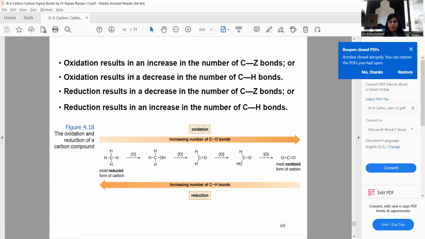These heteroatoms are associated during oxidation, and oxidation also results in a decrease in the number of carbon-hydrogen bonds. We can see this explained here.